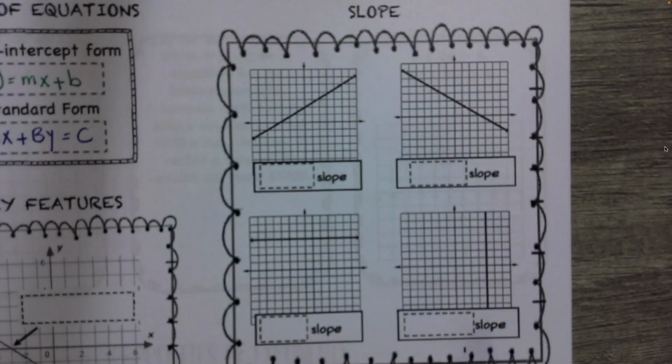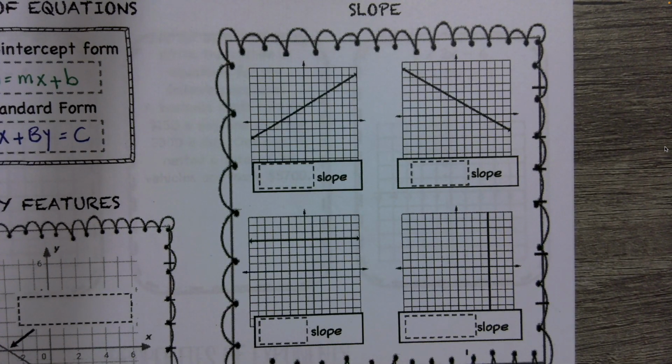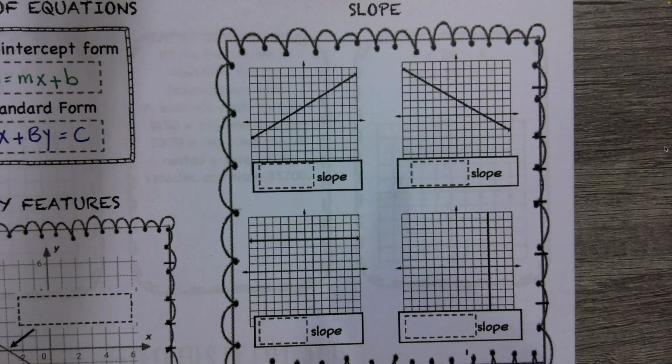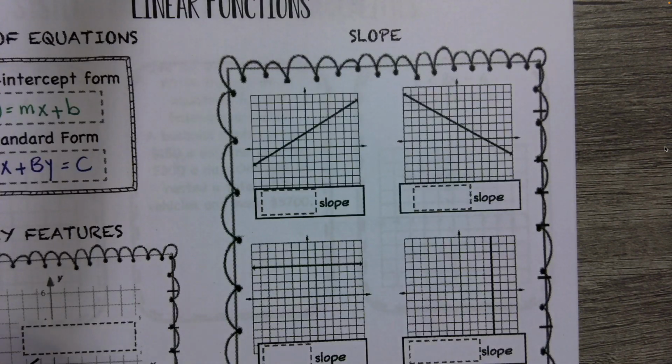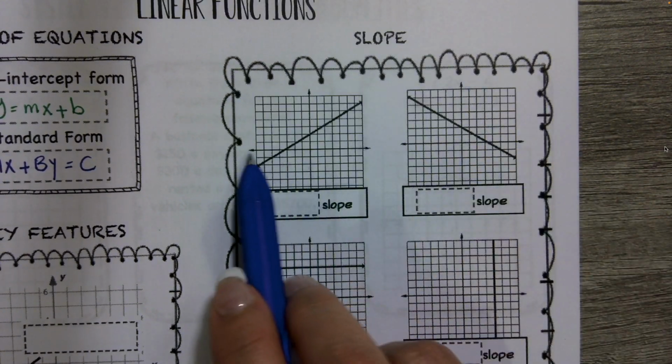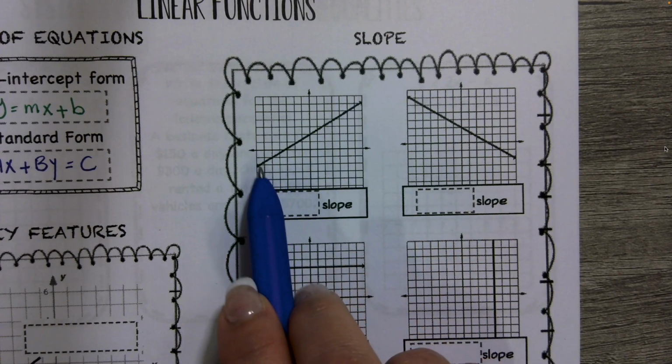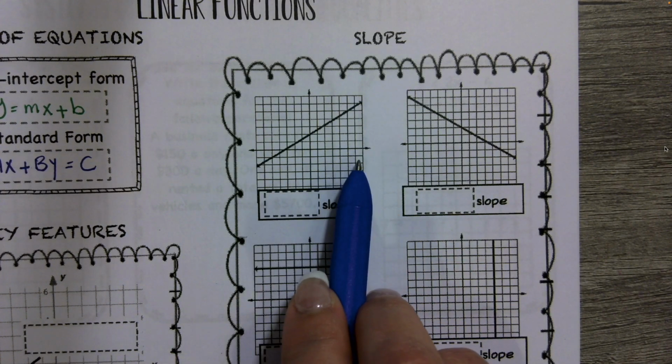Slope. When we're talking about the slope, there are 4 different types of slope: positive, negative, zero, or the word that nobody is allowed to say in my class. So let's talk about that. When you read a graph, when you have a line, you have to read it from left to right.